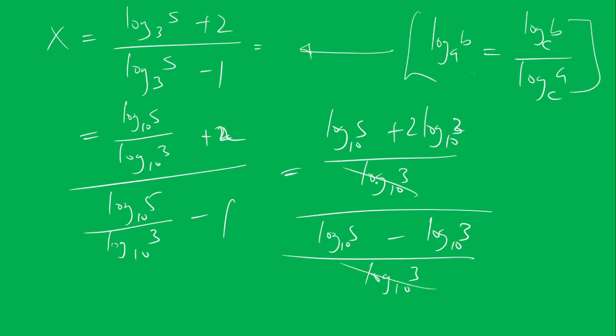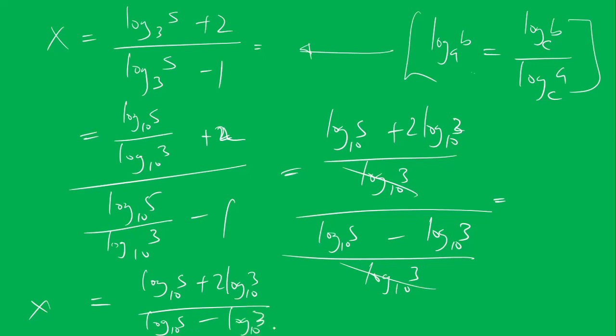So this will cancel out this. Your x will now be log 5 base 10 plus 2 log 3 base 10 divided by log 5 base 10 minus log 3 base 10. So this answer could be this, or we leave it at this.